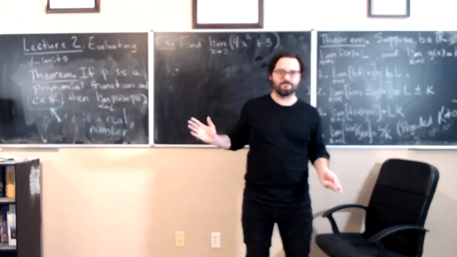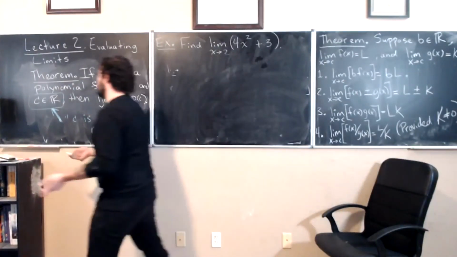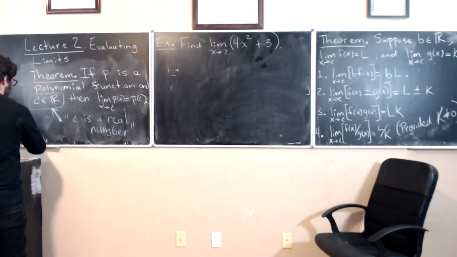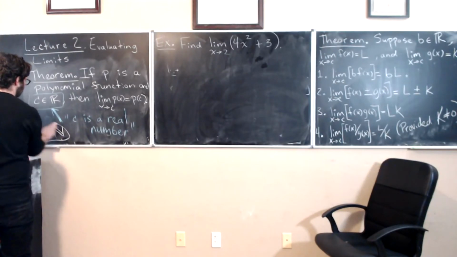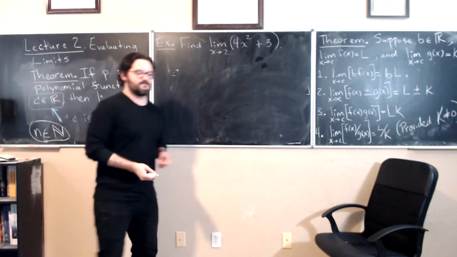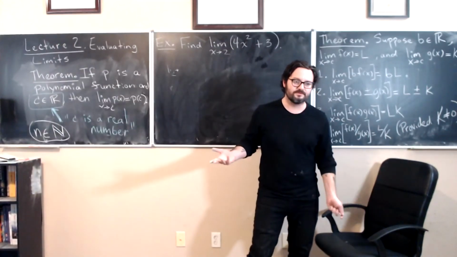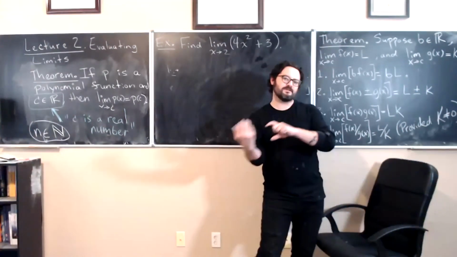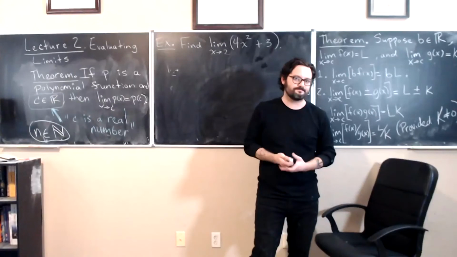If I change it up and say n epsilon fancy looking n, what does that mean? It just means that n is a natural number. The epsilon just means contained in the number system on the right-hand side.